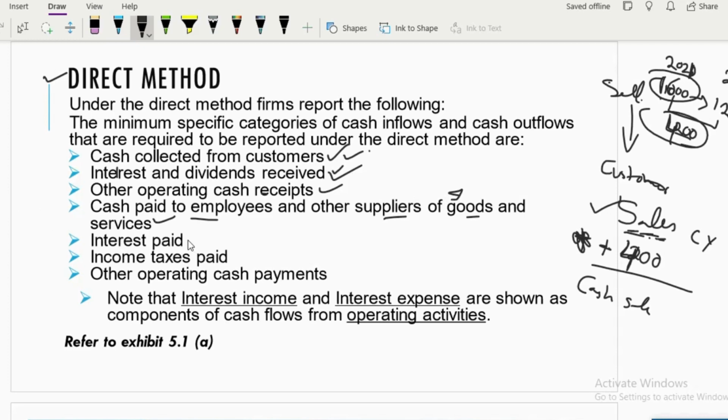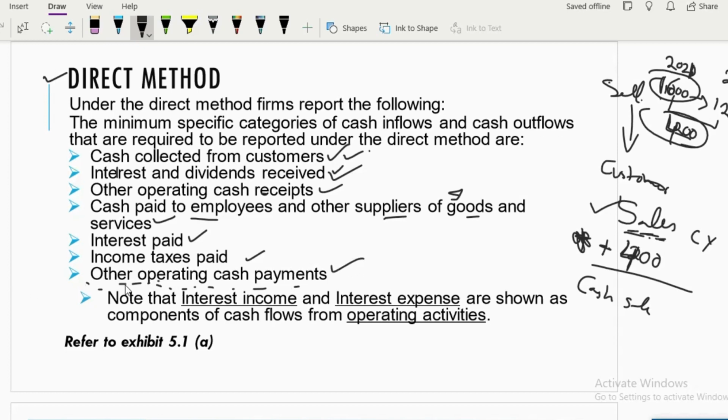As I mentioned before, interest paid on your debts or your borrowings like notes payable will be mentioned in the operating activity section, but the dividend which you pay to your stockholders is part of financing activity. So interest paid is part of your operating activity, that's an outflow. Then how much taxes you have paid, and if you have paid other operating cash payments like rent expense or something else, you will be mentioning that over here.